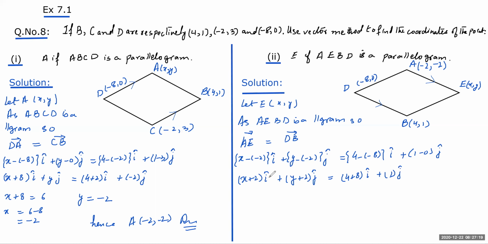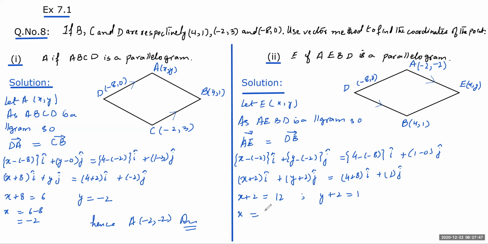Now compare the coefficients of unit vector i on both sides and unit vector j on both sides of the equation. As a result, we get x plus 2 is equal to 4 plus 8, which is equal to 12, and y plus 2 is equal to 1.